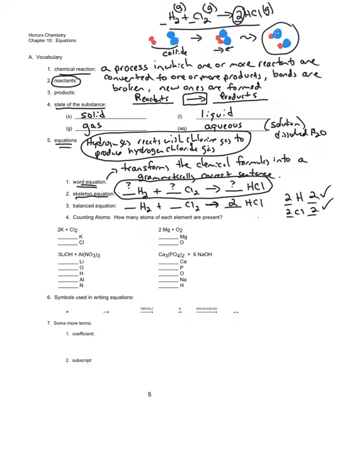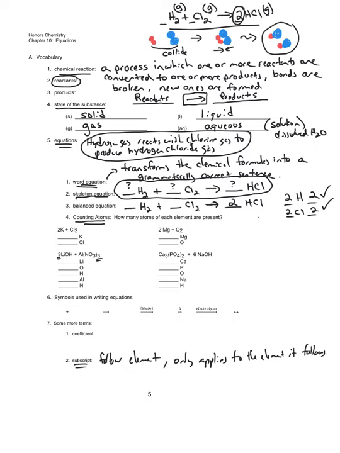So one of the first things that you must be able to do to balance equations is to count atoms. Okay? When we count atoms, there is a huge difference between a coefficient and a subscript. A subscript is what will follow an element in a chemical compound, and it only applies to the element that it follows.